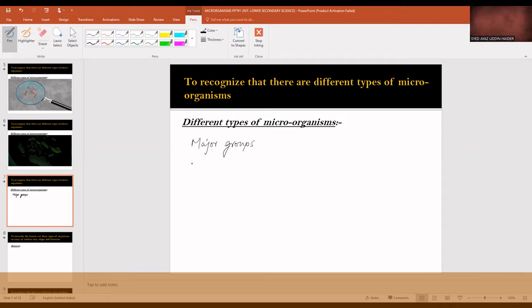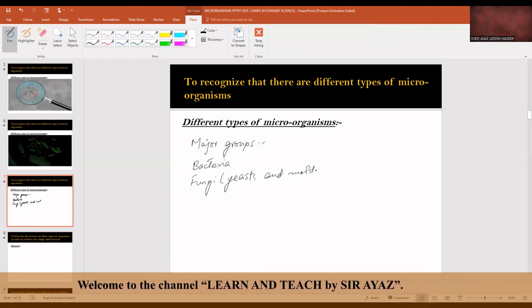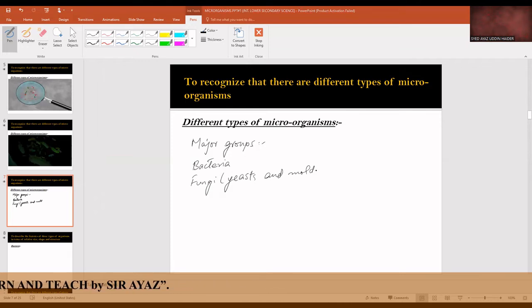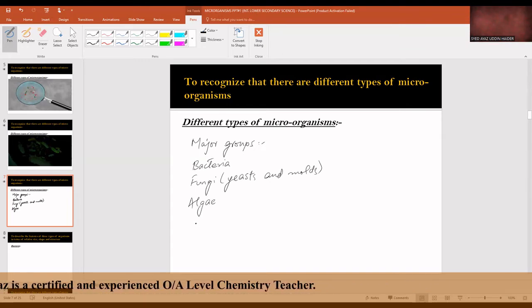This includes bacteria, fungi, we have yeast and molds, algae, protozoa, and viruses.